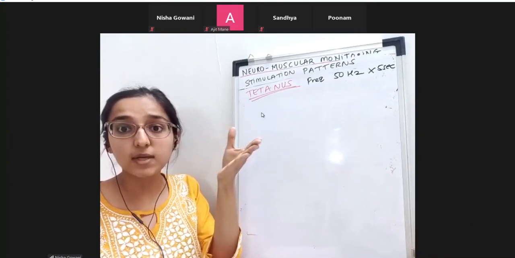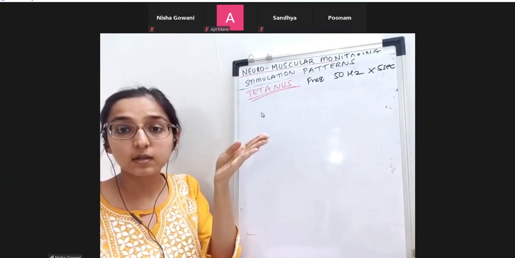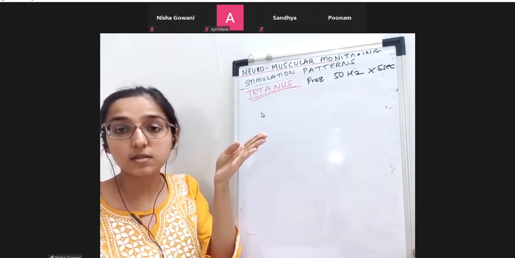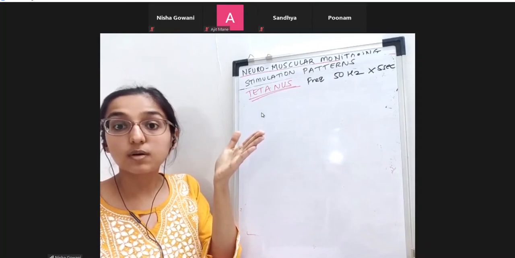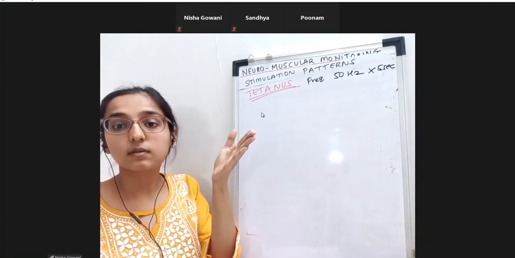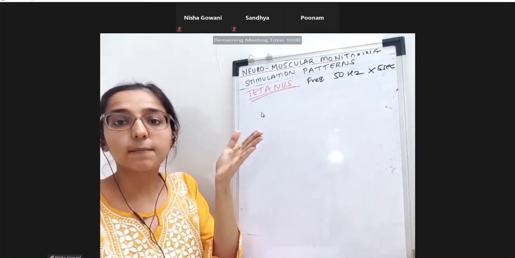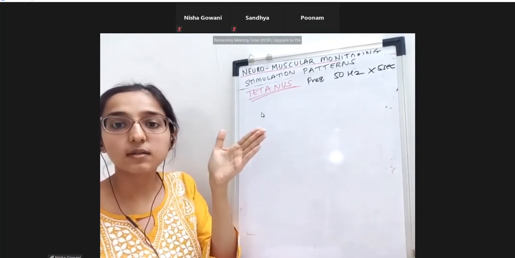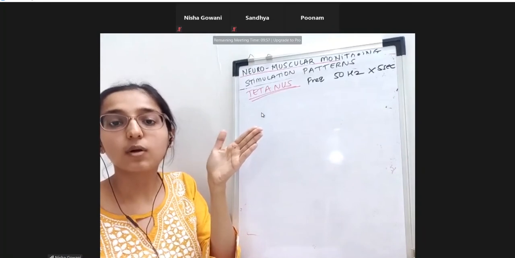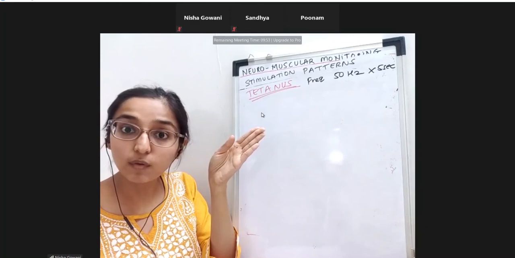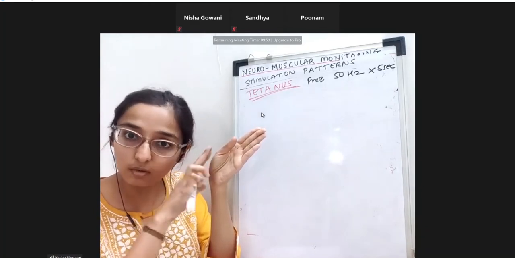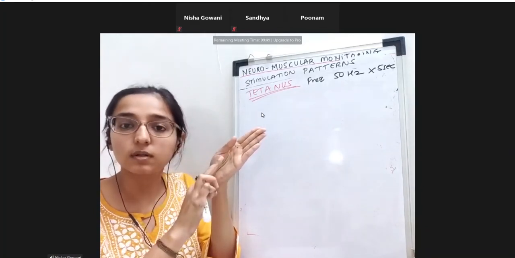So what will happen to your muscle, your adductor? It will be like this. It will contract. Understood? So in single twitch, how is it? Done. In TOF, how is it? 3, 4. In tetanus, how is it? 1, 2, 3, 4, 5 seconds. Your contraction will go on.